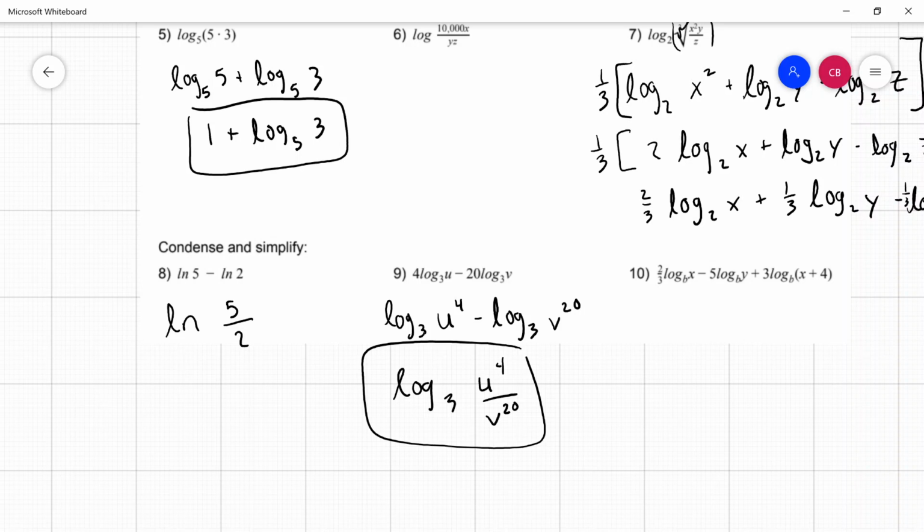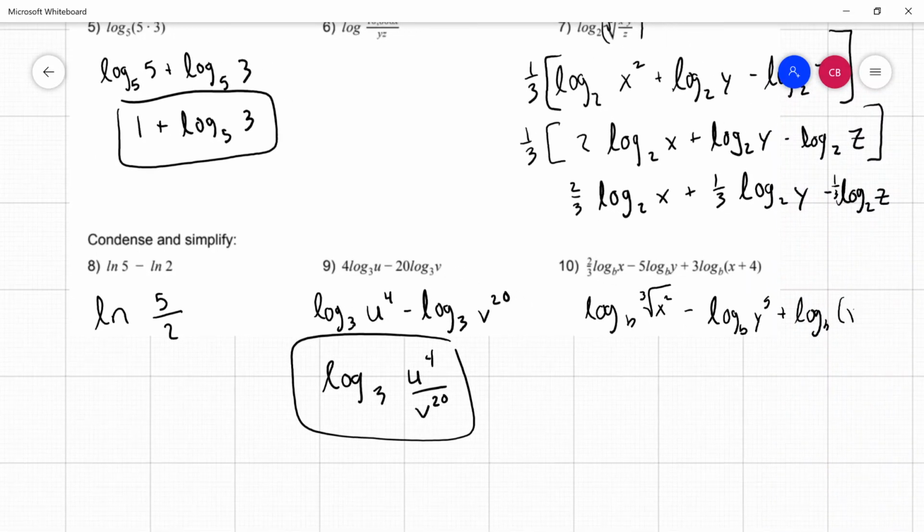So this is going to be log b of the 3rd root of x squared minus log b of y to the 5th plus log b of x plus 4 to the 3rd.